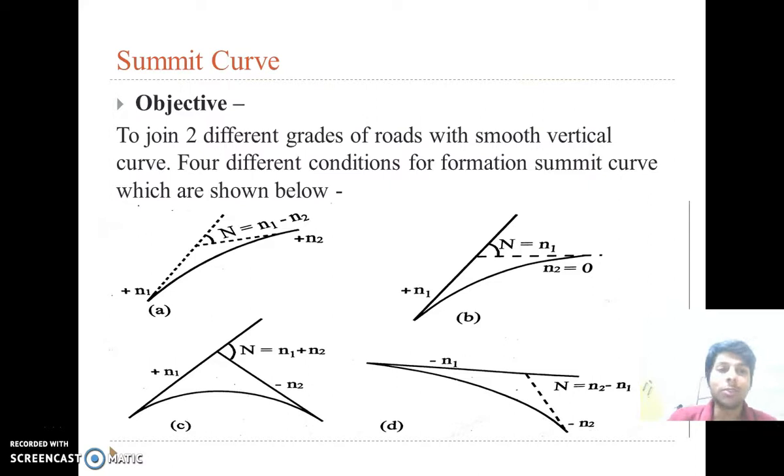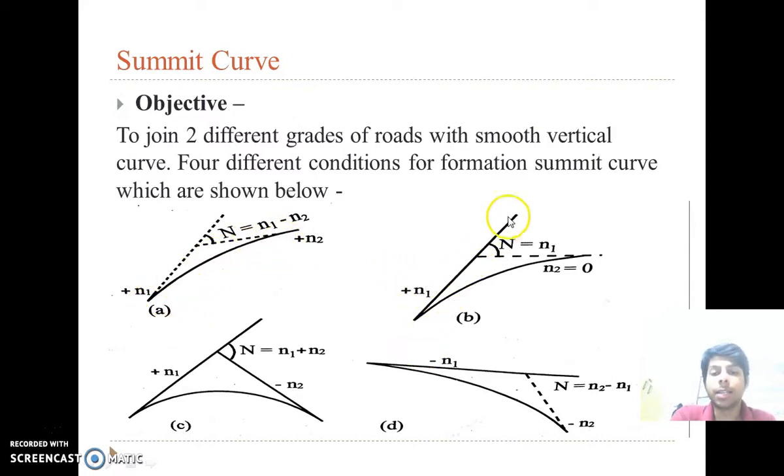So friends, what is a summit curve? This happens when two different grades of road join with a smooth vertical curve. There are four different conditions in which we can provide summit curves. First, when a rising gradient meets a steep rising gradient, then we have to provide this summit curve.